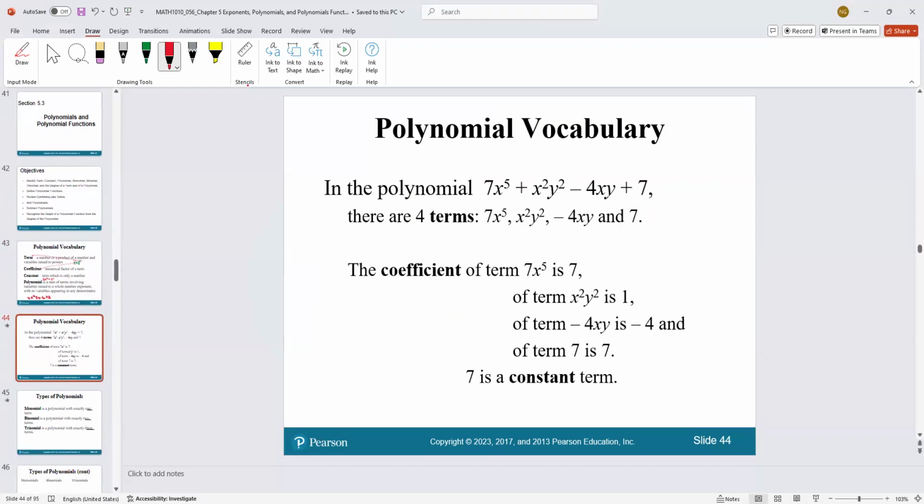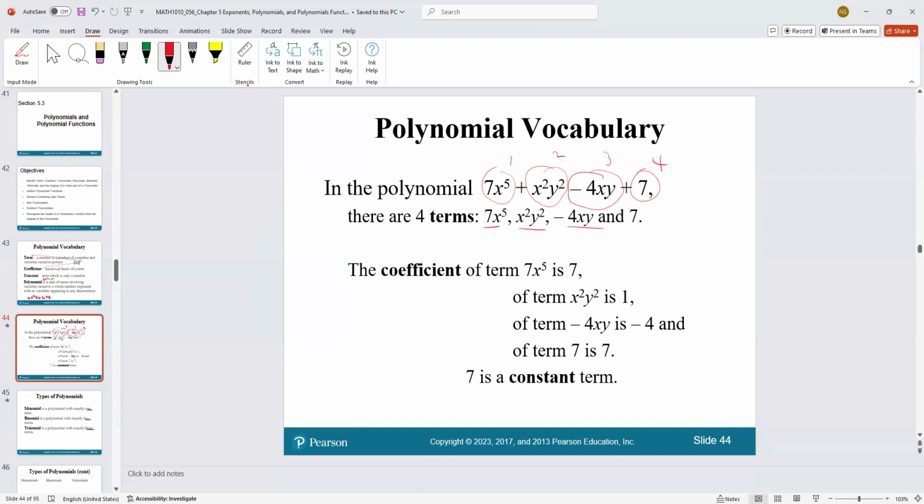So now let's see some vocabulary because it's important. In the polynomial 7x^5 plus x squared y squared minus 4xy plus 7, how many terms are there? We have 1, 2, 3, and 4. There are 4 terms.